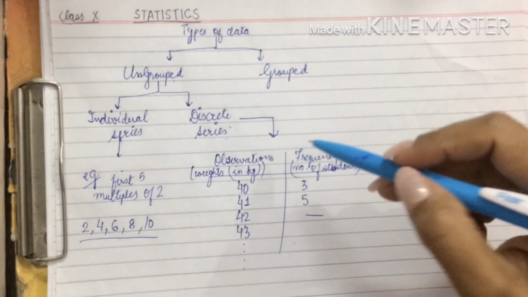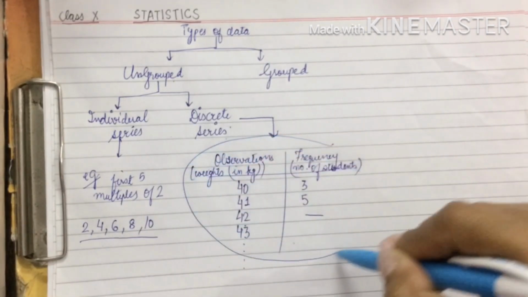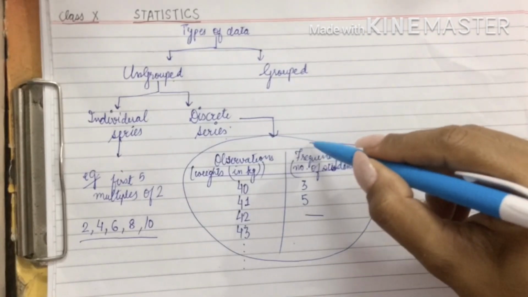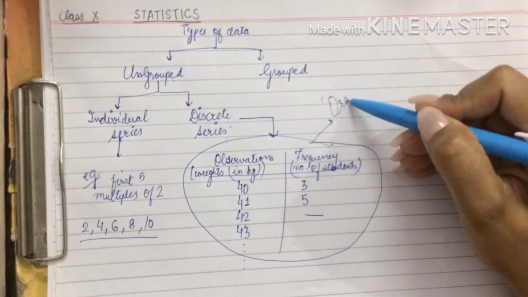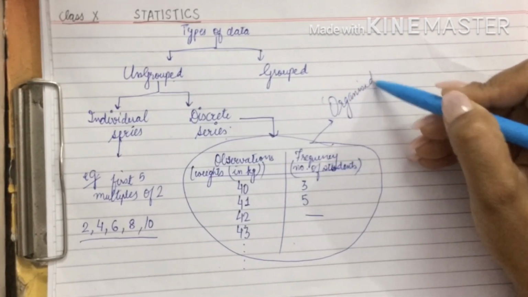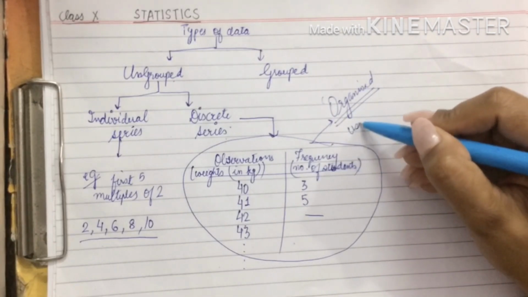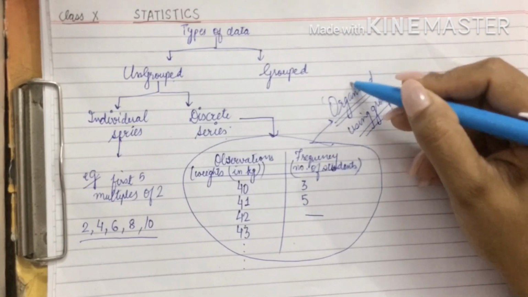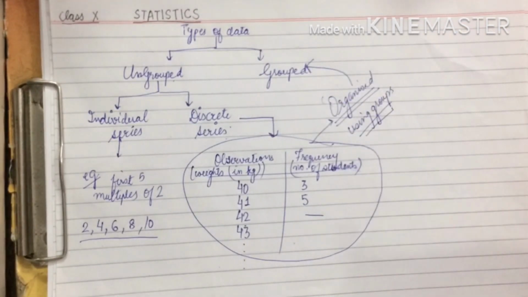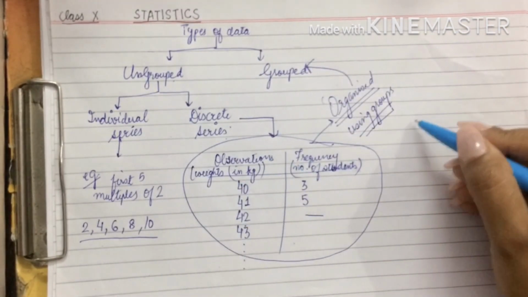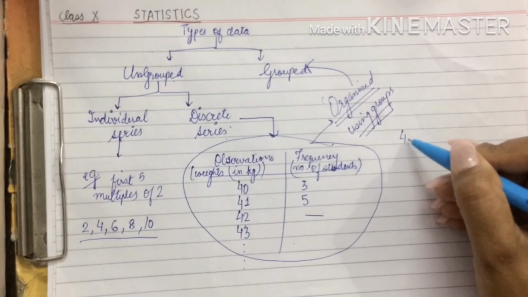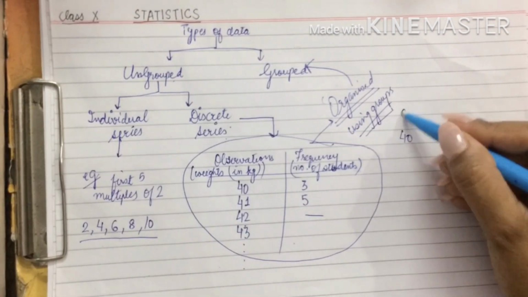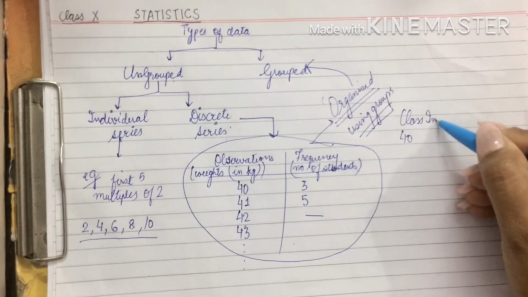Now what we can do is, this discrete series can be organized in the form of a table using groups, and then it will become grouped data. And how I can group this? I could write the weights in the form of groups known as class intervals.